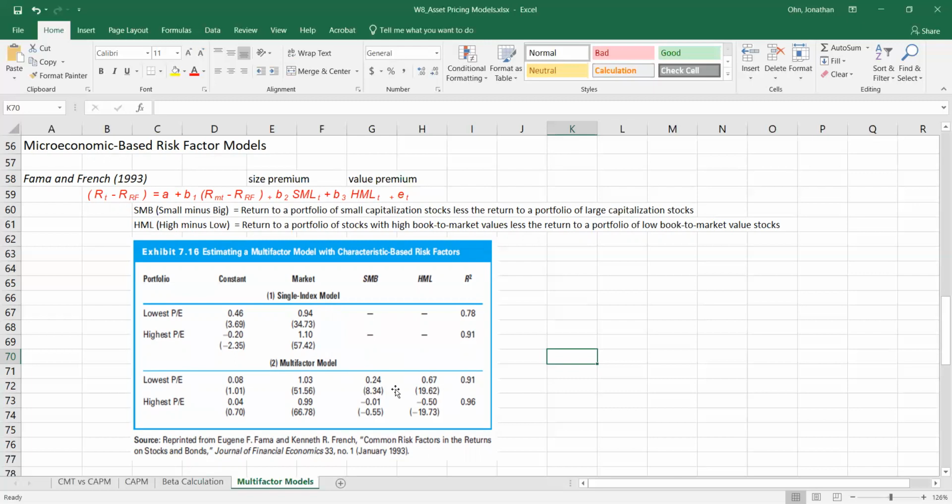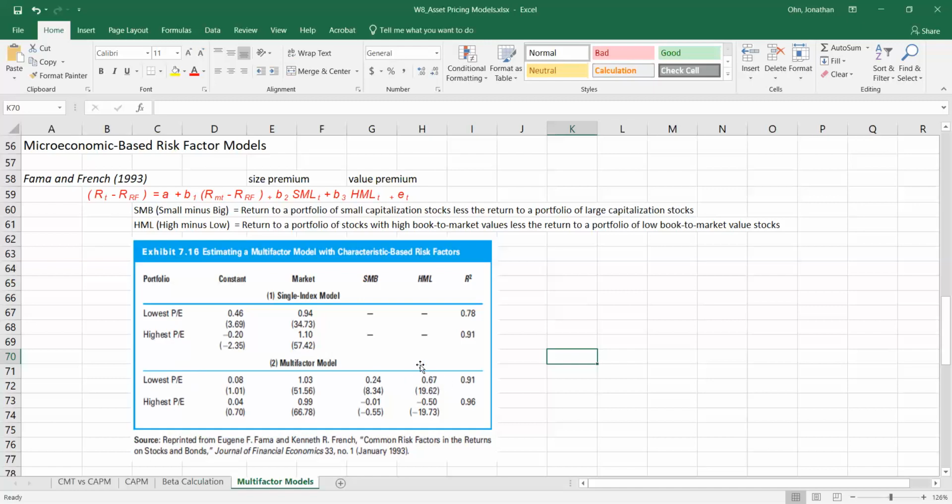So if you see a positive size premium, that means this portfolio tends to be small cap stocks. The estimation result shows positive B2, 0.24, so on average the lowest P ratio portfolio tends to be small stocks. That's how you interpret this result.